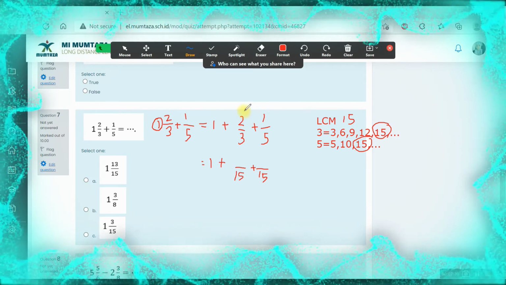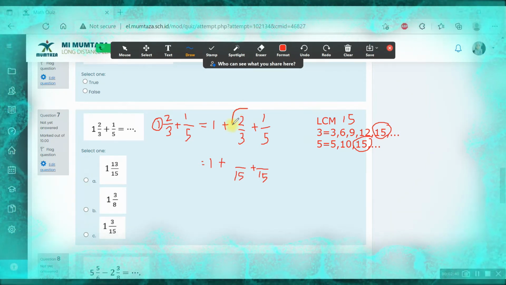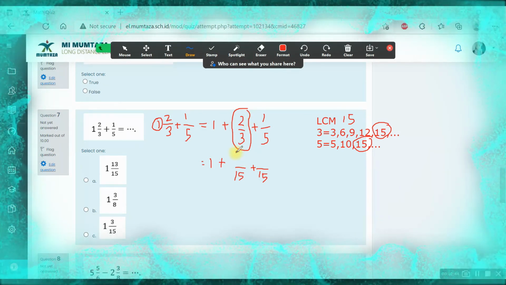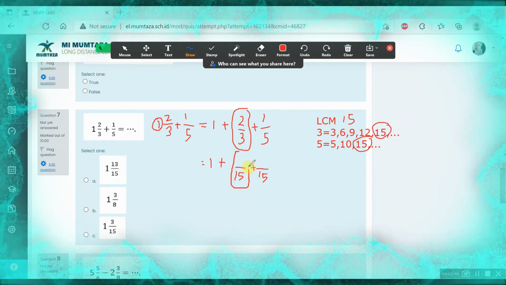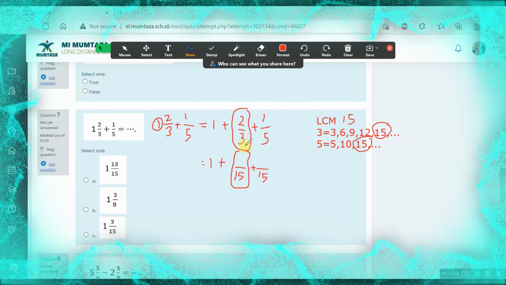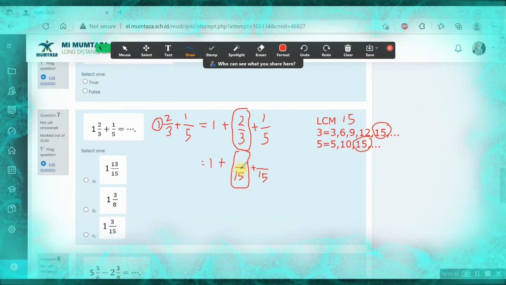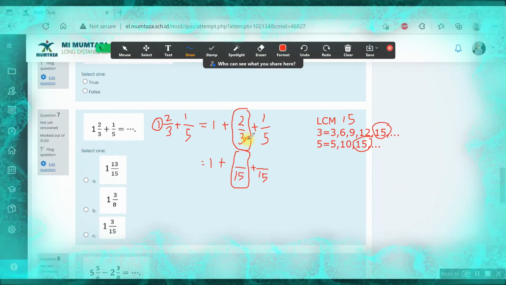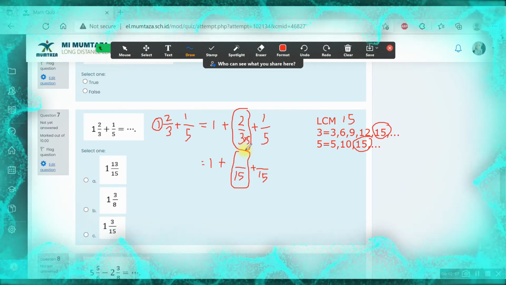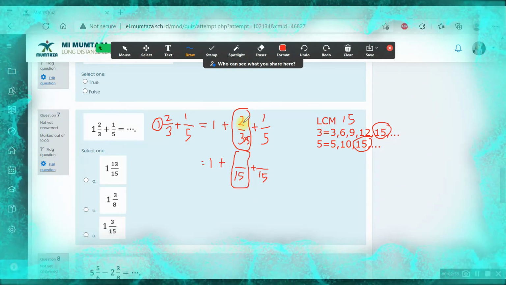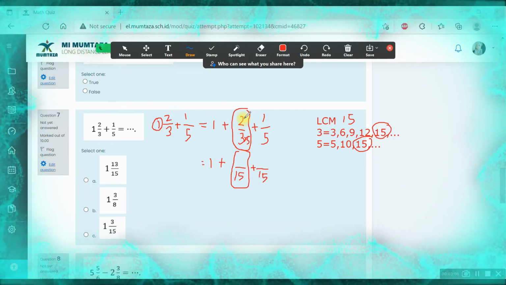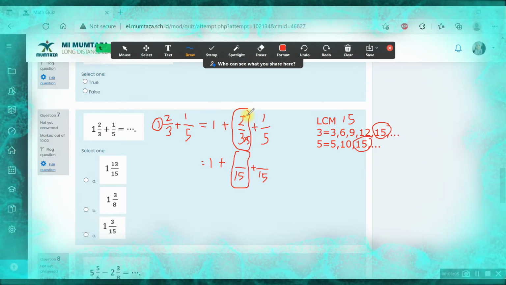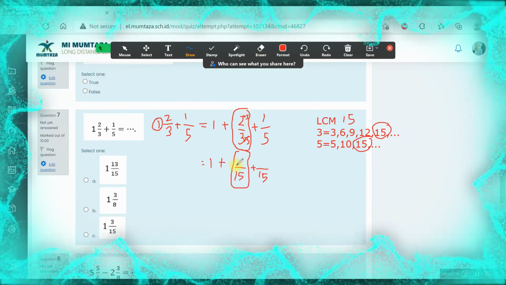Now look at the first fraction. 3 times something becomes 15. 3 times 5 becomes 15. Because the bottom is times 5, the top number is also times 5. 2 times 5 becomes 10.